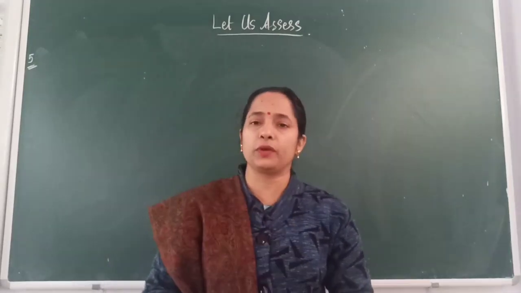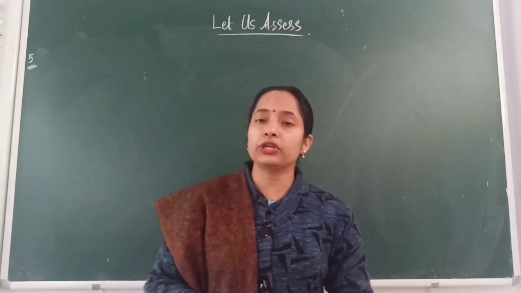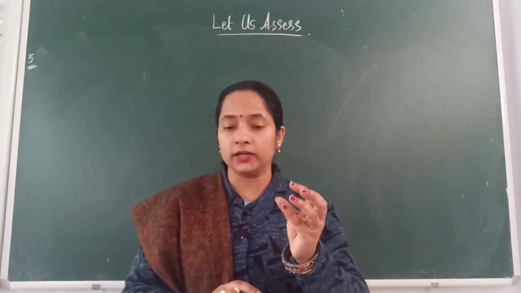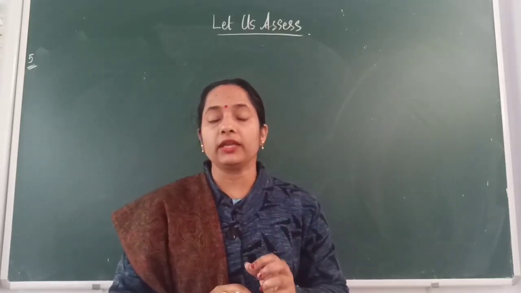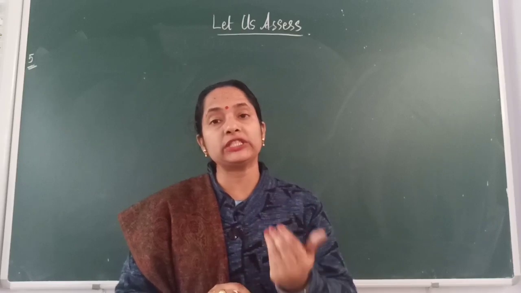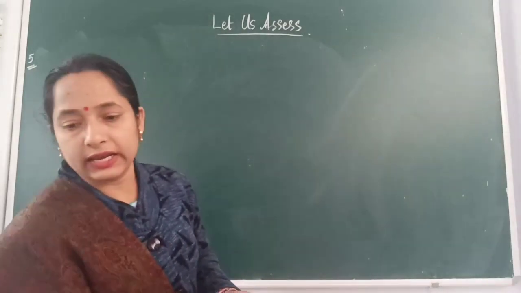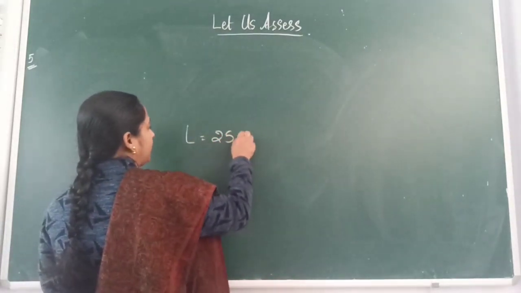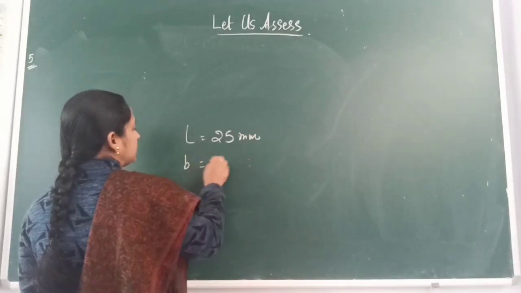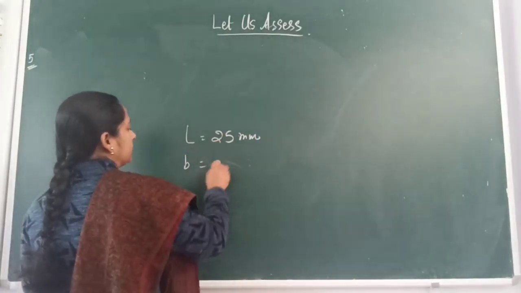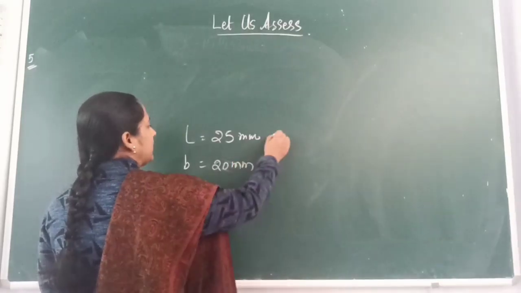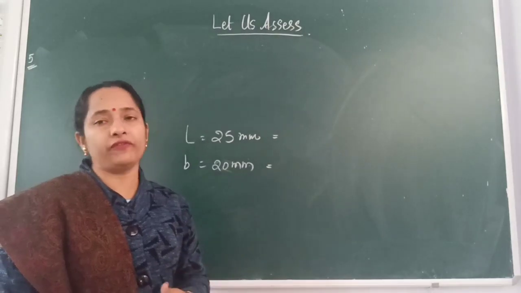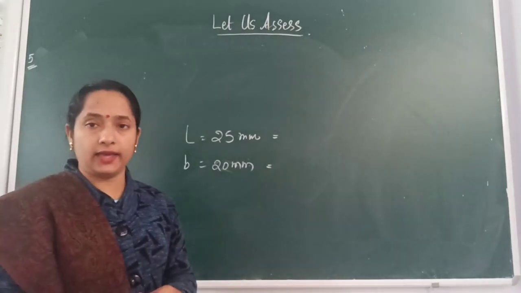So the hint for this question is, first of all, you convert the dimensions of the given eraser into centimeter. Here given length is 25 millimeter and breadth is 20 millimeter. Here itself you convert the units into centimeter and then you go for finding its perimeter and area.